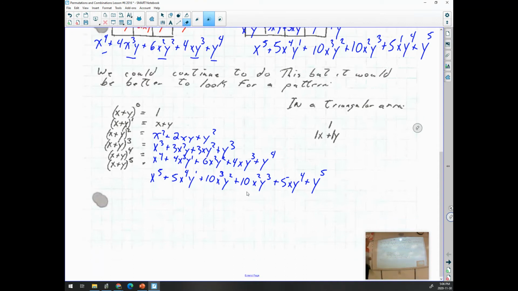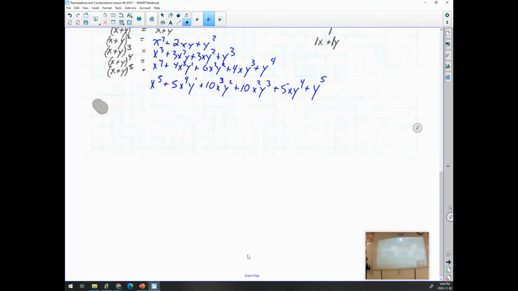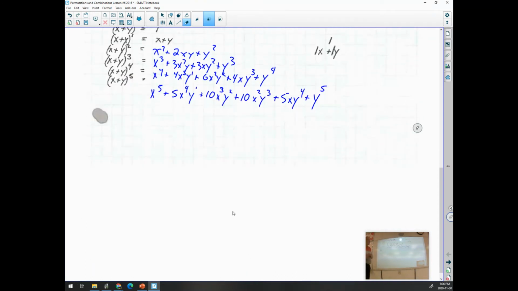Now, that's kind of ugly looking. If I write these in a triangle, it becomes less ugly.